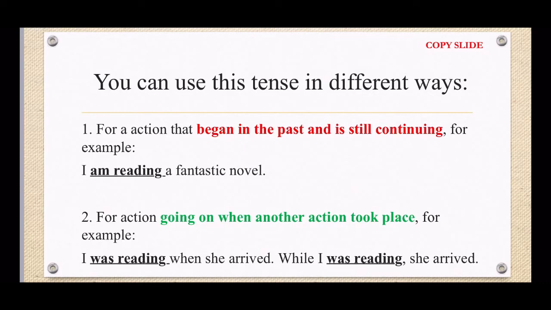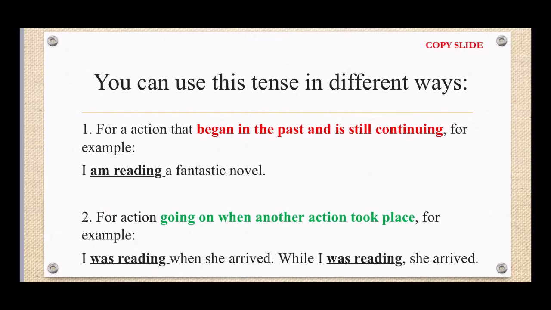Number 2, for actions that go on when another action took place. For example, I was reading when she arrived. While I was reading, she arrived. Once again, we have underlined I was reading.